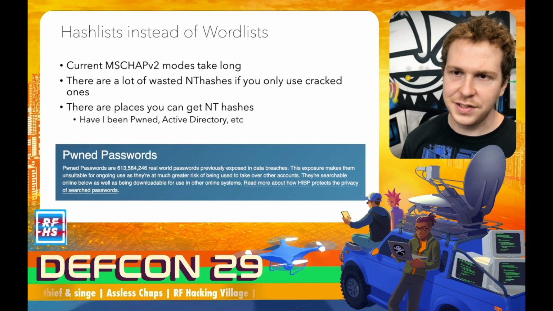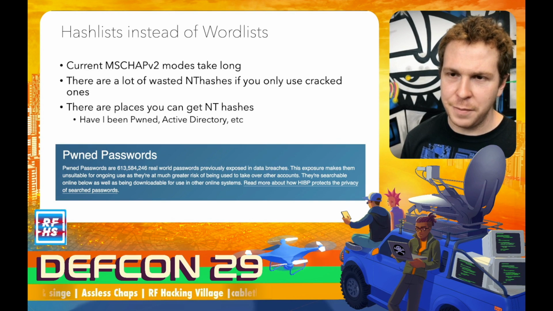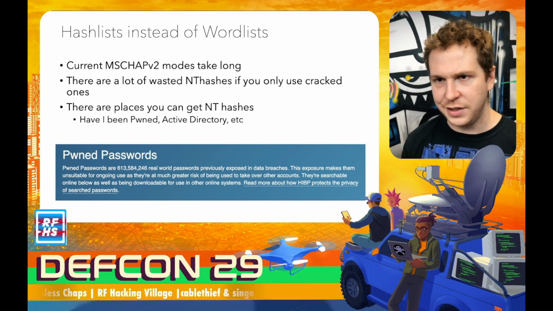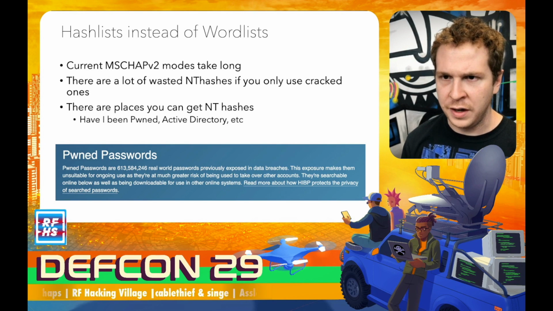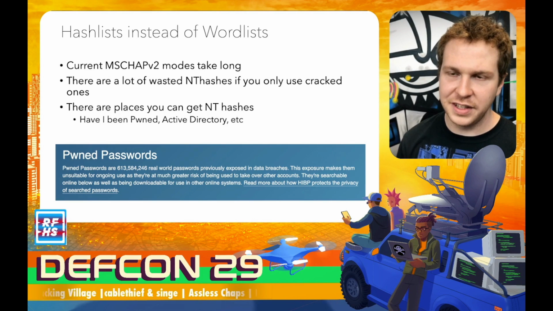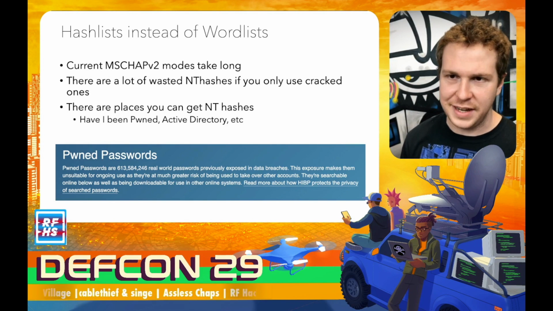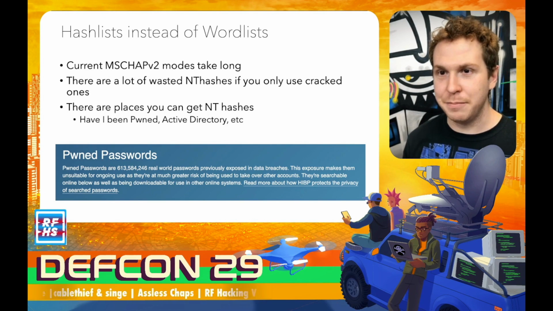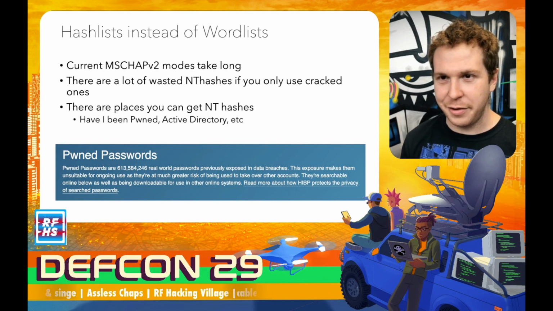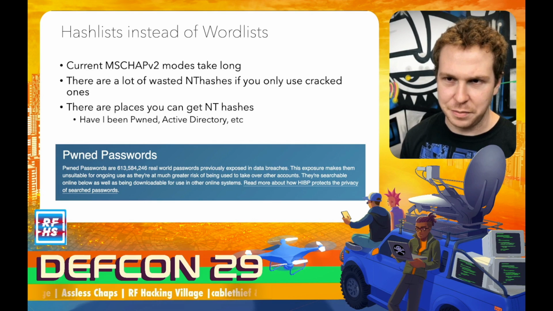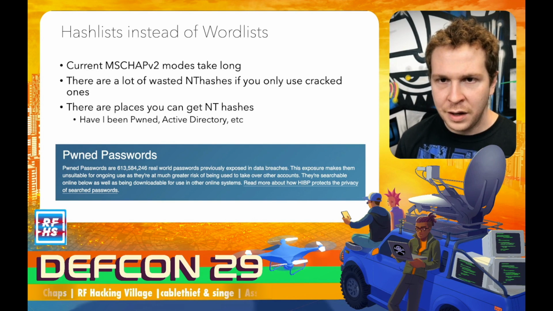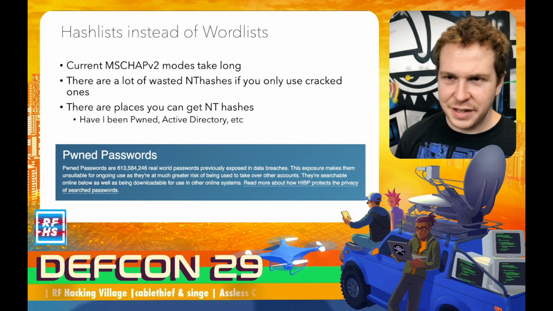So these NT hashes are going to be from dumps that Troy has collected over the years, and then he provides that to people to make sure their users aren't using previously compromised passwords. This makes a really nice, up-to-date database of a bunch of dumps and sort of user passwords that you might not necessarily have access to, because most of them, a lot of them at least, are given to Troy in confidence. So this gives us a lot of information.